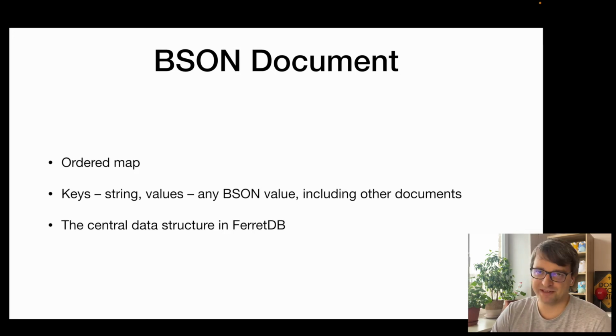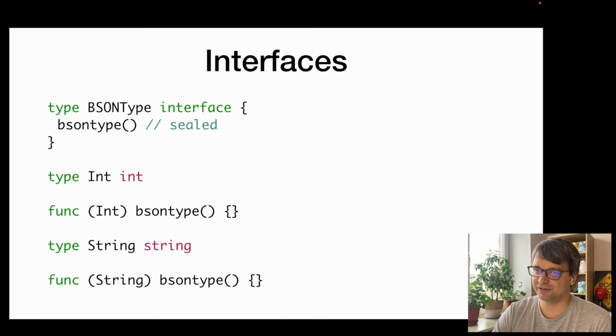So how do we implement that in Go? Using interfaces, we will do something like that. You probably saw this code many times and wrote it too. So we just define an interface with an unexported method and then define our own types, which wrap basic types, and implement this method which does nothing. So you may wonder why we have this method, why it's not exported.